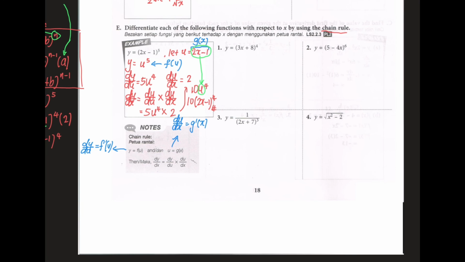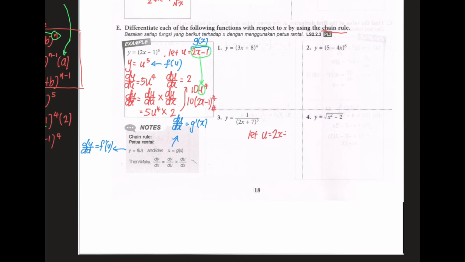Let's take a look at what to do if we have the 2x plus 7 at the bottom. So we still do the same. The idea is whichever takes power, you let it equal to u.